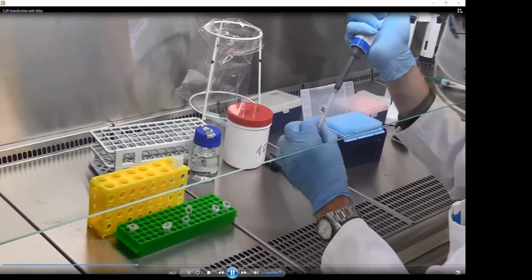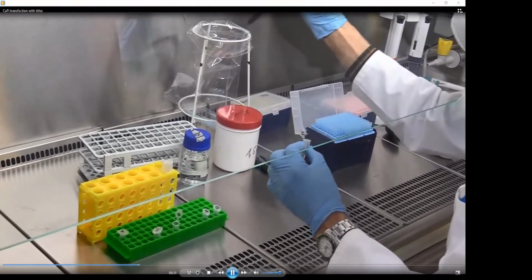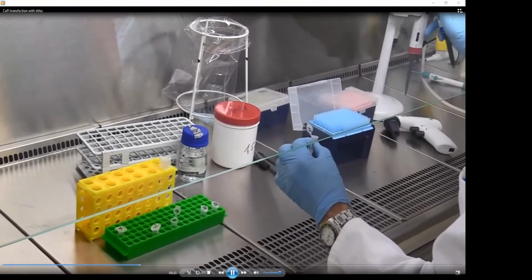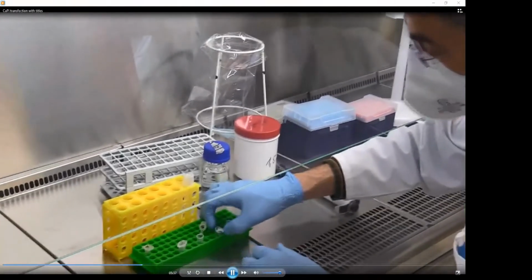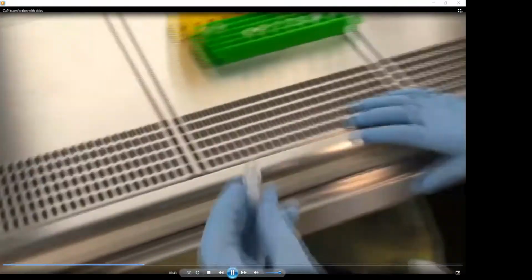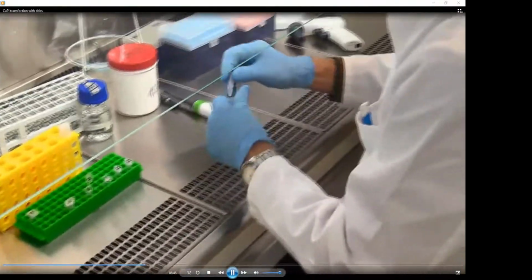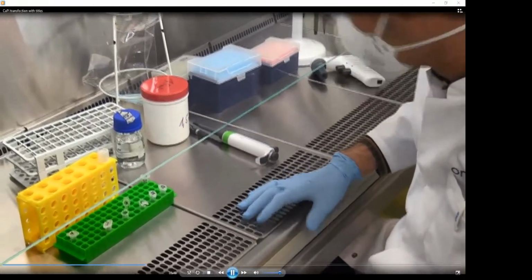Lithium chloride is an activator of Wnt signaling, so it's also our positive control to prove that the reporter system works as it should. The next sample contains this. So this B1 contains the empty vector PHMT.